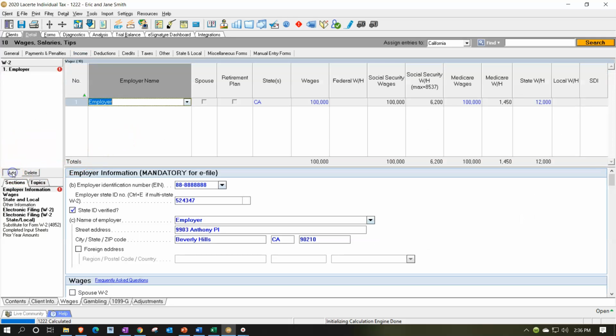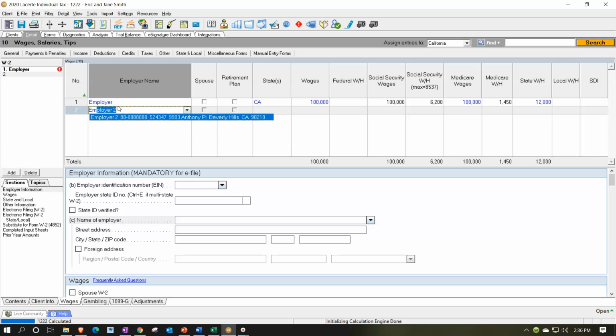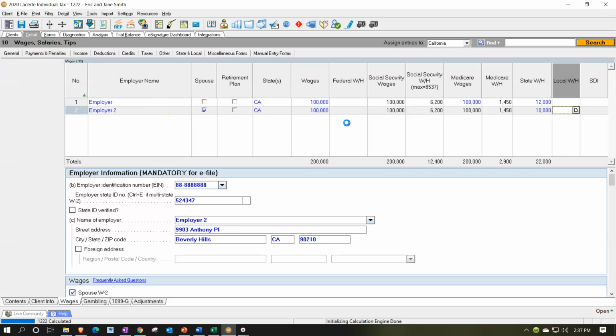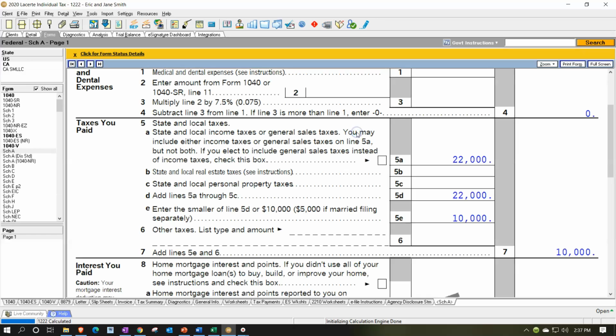So if we say plus, and then employer 2, this is the spouse earning another 100,000, and we had state taxes withheld of 10,000, and I go back over, then we still have the cap at 10,000. So whether single or married filing joint, you got this cap on the taxes of basically that 10,000.